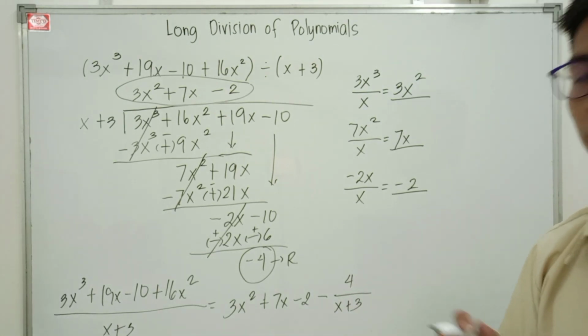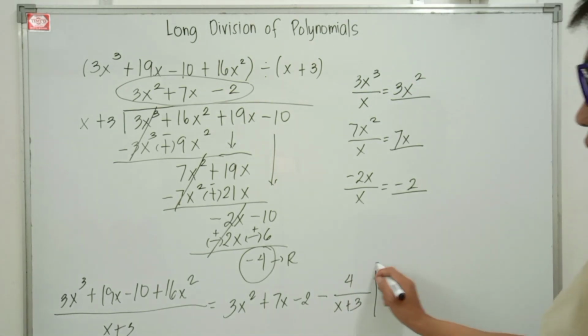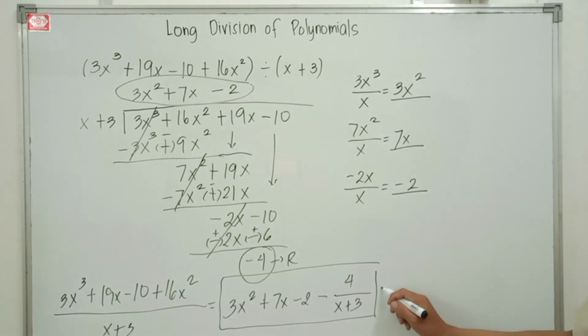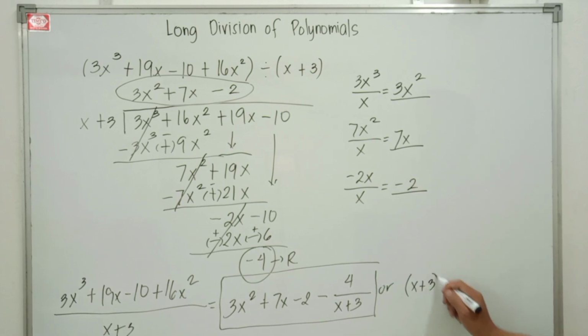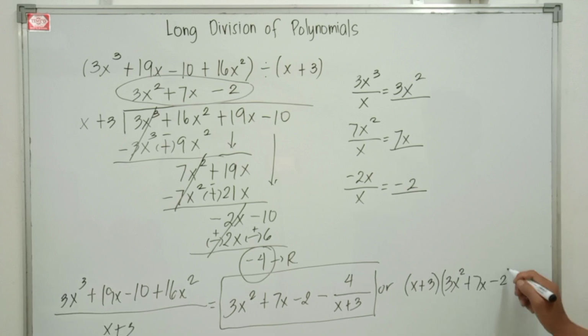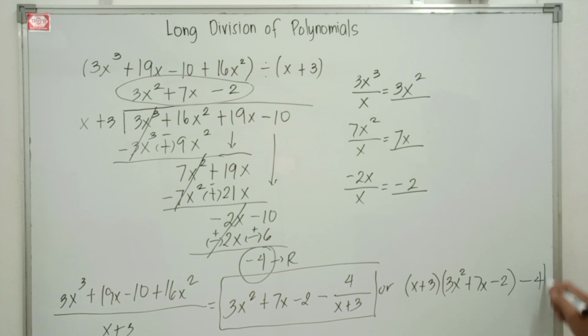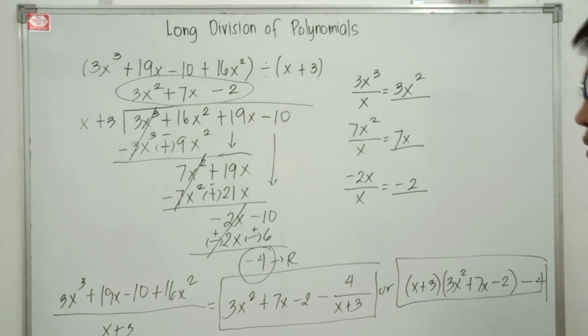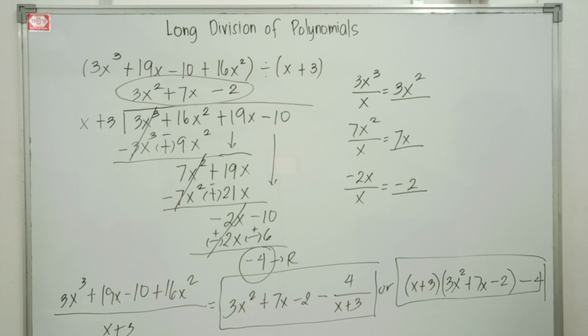So, that is the first form of our answer. So, para naman dun sa pangalawang form, pwede rin siyang x plus 3 times 3x squared plus 7x minus 2, minus 4. And that is for our second example.